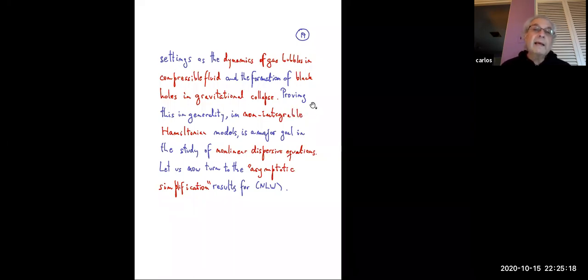Now, proving that the soliton resolution conjecture holds in generality for non-integrable Hamiltonian models is a major goal in the study of nonlinear dispersive equations. So let me now turn to the asymptotic simplification results for the nonlinear wave equation.